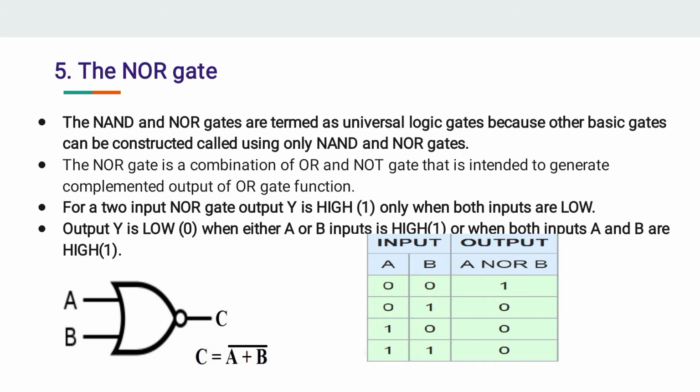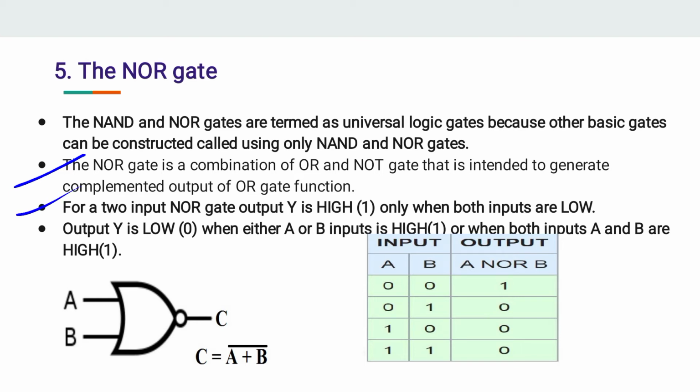So next is the NOR gate. Again, the NOR is a universal logic gate because we can generate the basic gates by using these two, NAND and NOR. The definition of a NOR gate is a combination of OR and NOT gate that is intended to generate a complemented output of the OR gate. So we are going to use OR and NOT gates together to form the NOR gate.